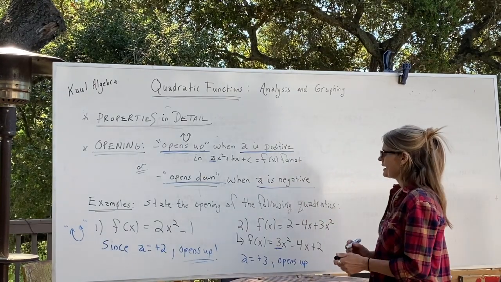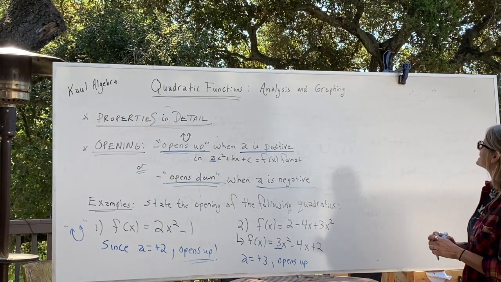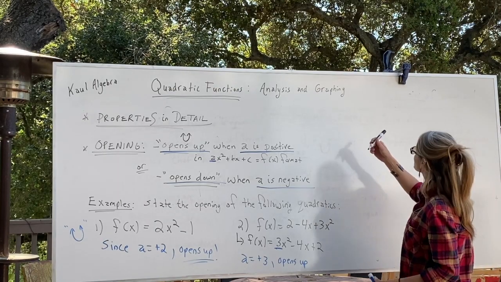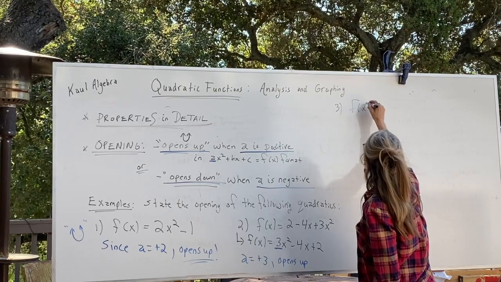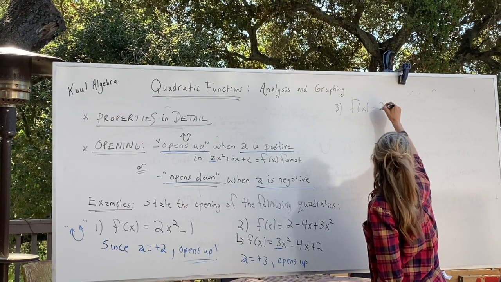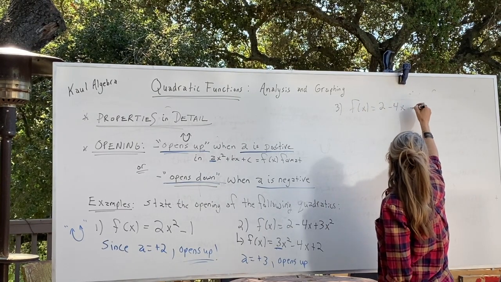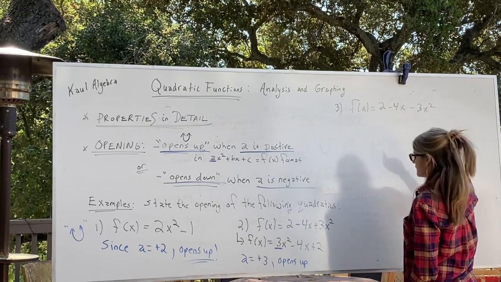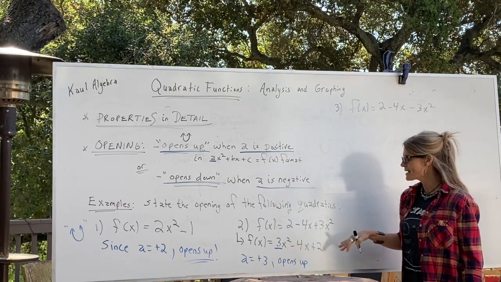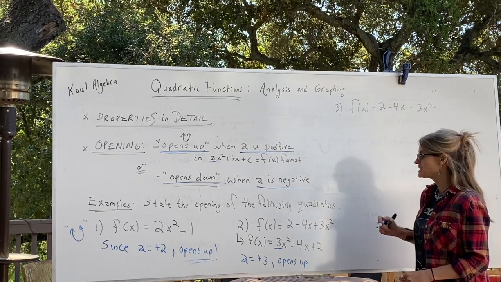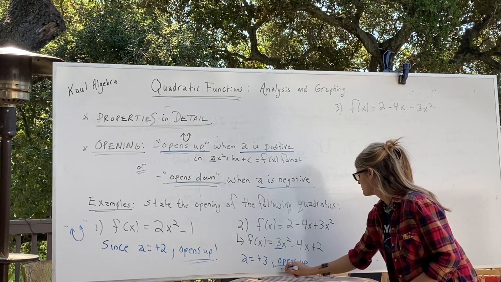Now, what would I need to do to make this open downward? Well, part 3 here, let's say instead I had 2 minus 4x minus 3x squared. If I change one sign in here, I could change the behavior.